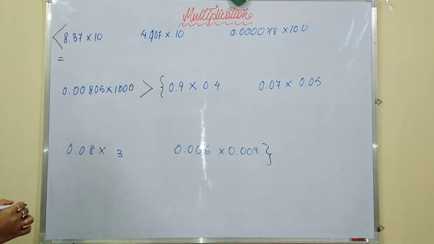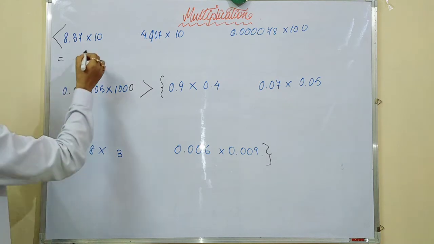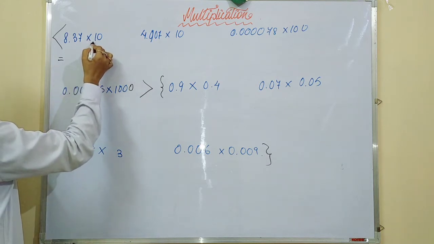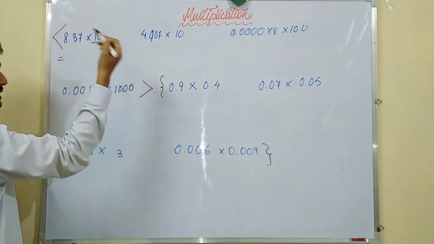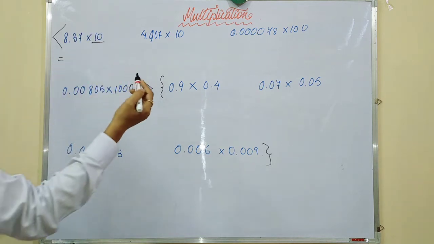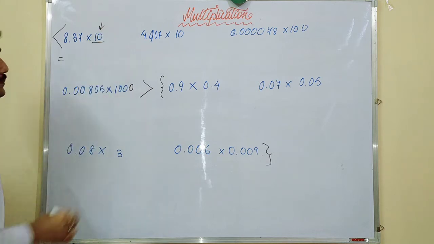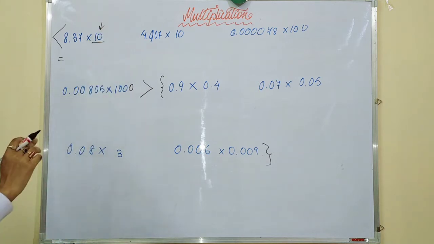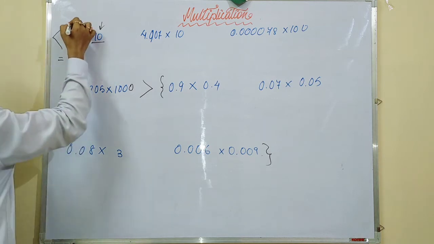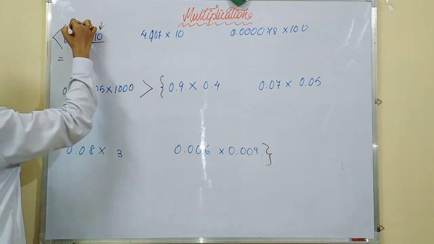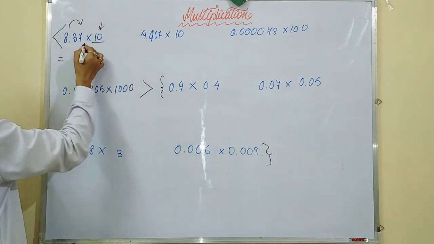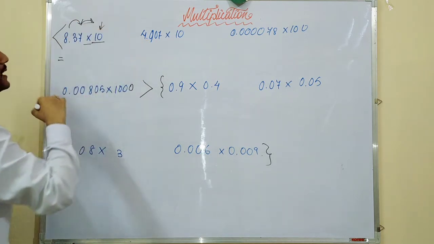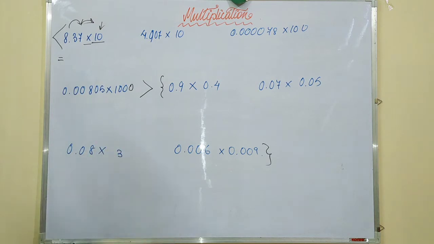8.37 into 10. 8.37 into 10 is equal to how much? If you see numbers are multiplied with either 10, 100 or 1000, what you will do is see how many zeros are there. Then you will move the decimal to the right hand side. If it is multiplication, it will move to the right, the number of zeros being the number of places.